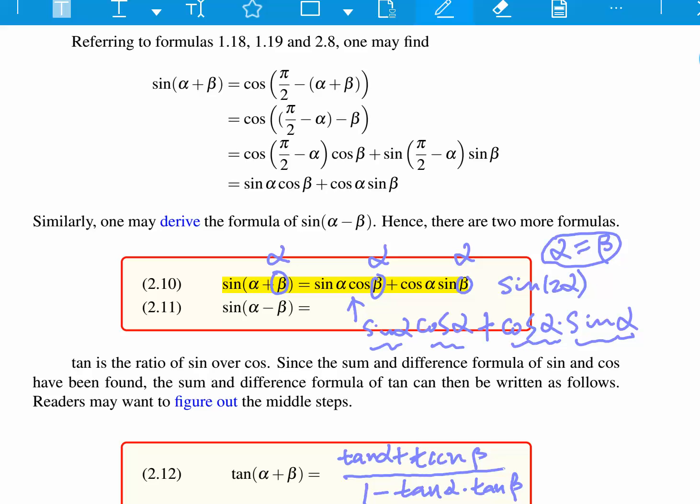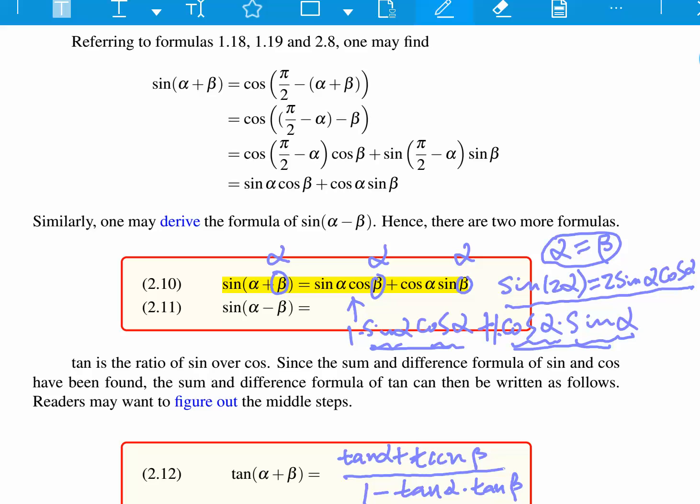Those two commute: cosine alpha times sine alpha is sine alpha times cosine alpha. So those two are basically the same. Then you combine them, and it's going to be 2 times sine alpha cosine alpha. So that means sine 2 alpha equals 2 sine alpha cosine alpha.